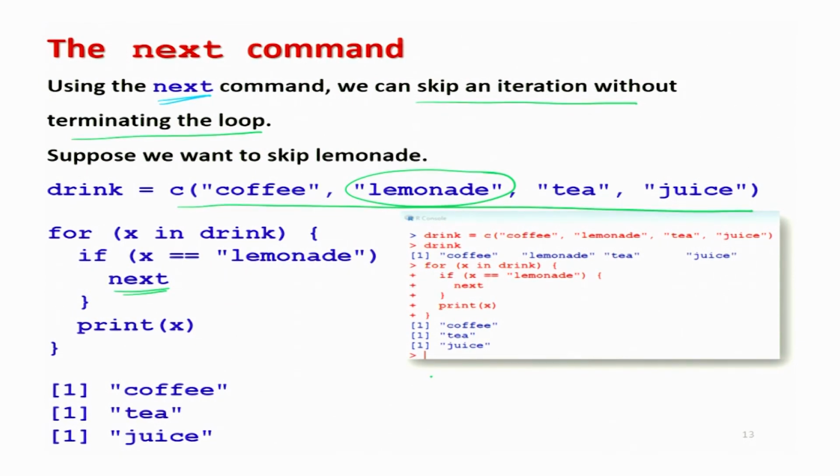So, what will happen here? The loop will start and it will choose all the values in drink using the variable x, and whatever is written inside this curly bracket number 1 is going to be executed. So, now the command is, if x is exactly or logically equal to lemonade, then say next, right.